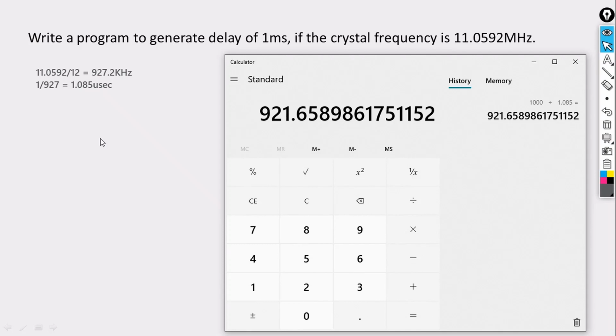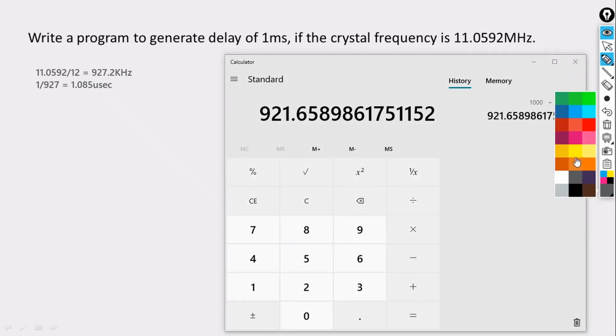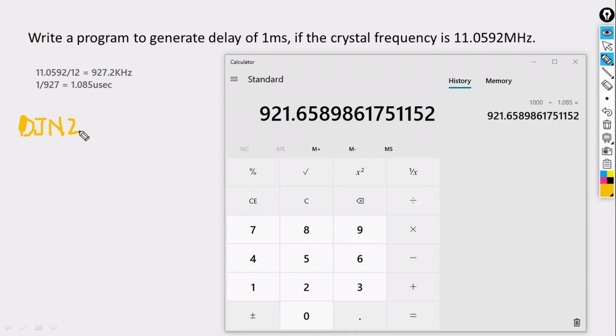Out of this 921, in the loop we take the machine cycles required for DJNZ. The machine cycles required for DJNZ is 2 machine cycles.